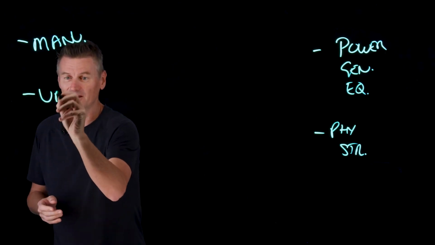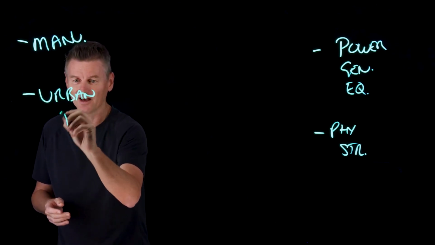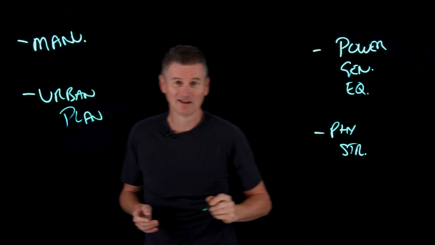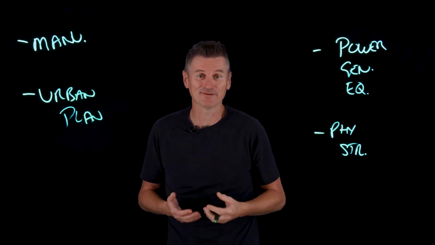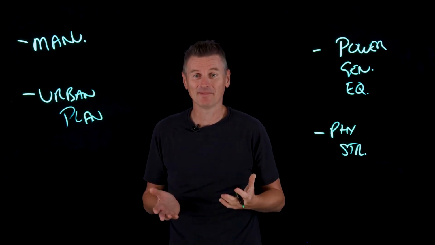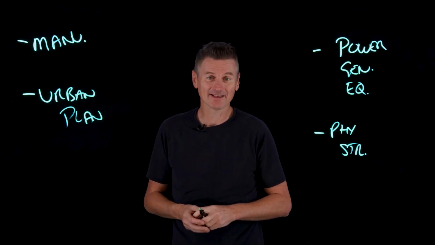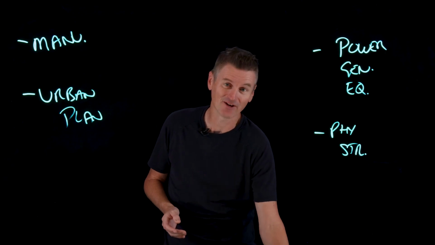And then another common use case is urban planning as well. This is where civil engineers can use digital twins to show 3D and 4D spatial data in real time, and also incorporate augmented reality systems into these built environments.